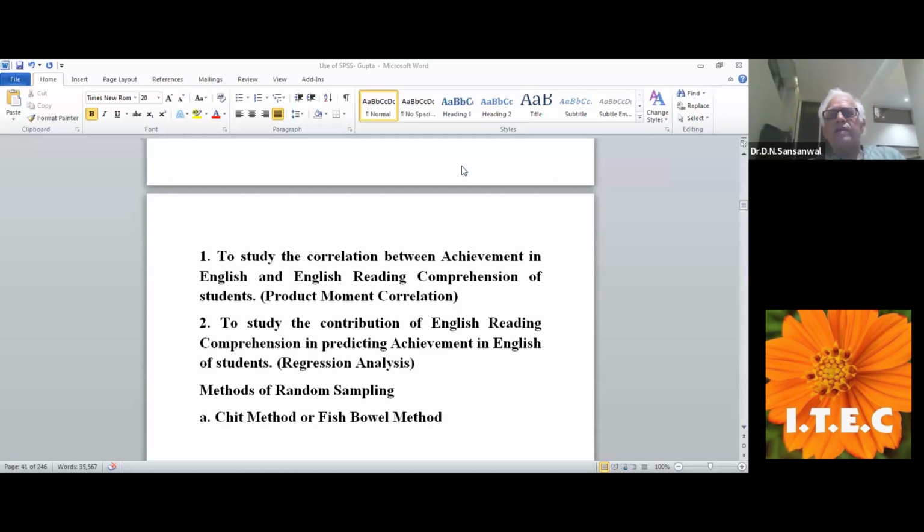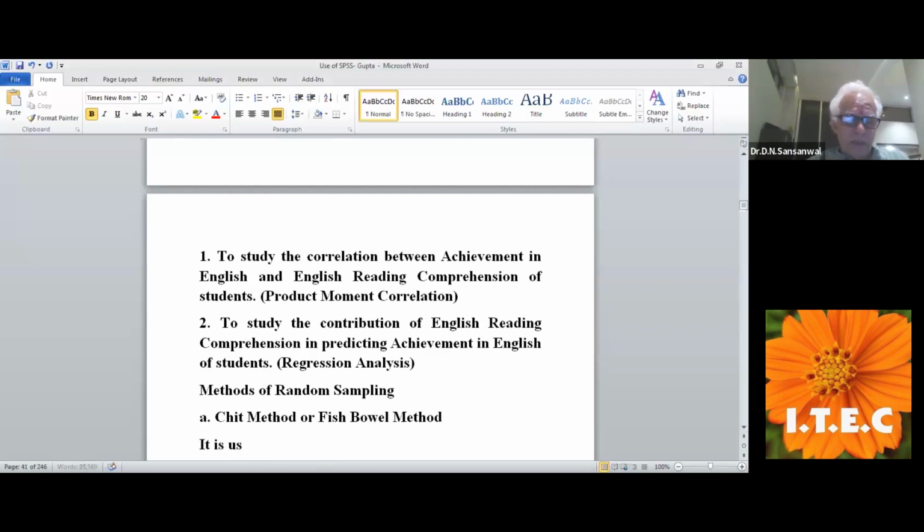Maximum 100. If you want to make 200 slips, it will take time. If you want to make 1,000 slips, it will be very time consuming. So therefore, your chit method will be useful only when your population size is small.